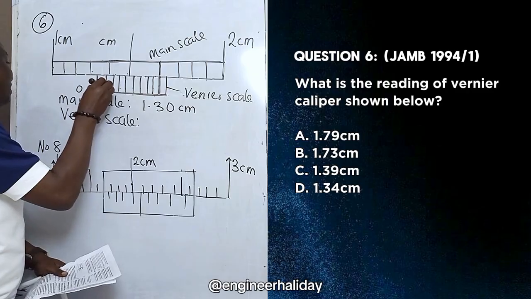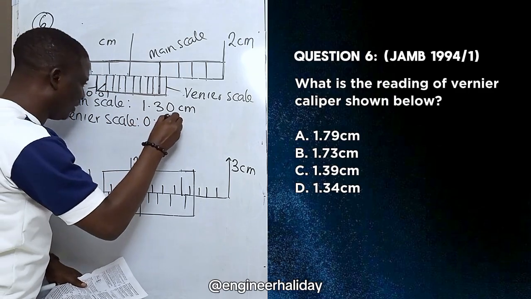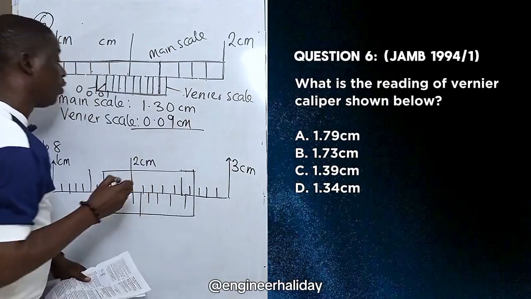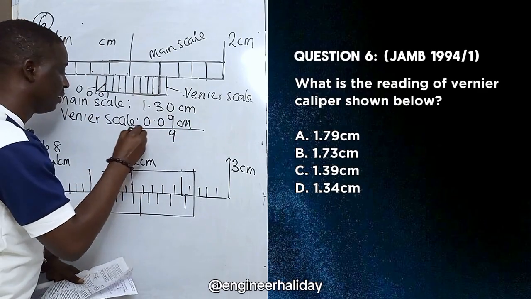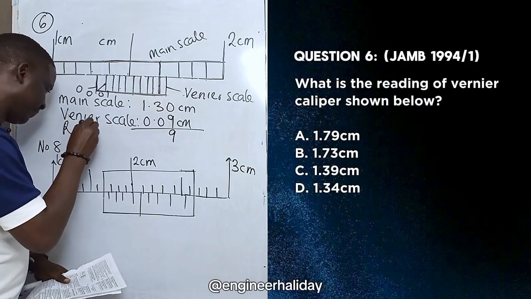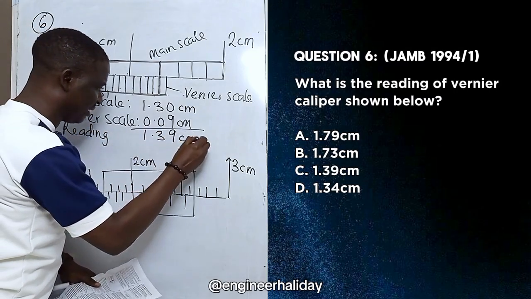Each of these is 0.01, so it meets at 0.09 cm. So what I want to do is add them together. The reading now will be 1.39 centimeter.